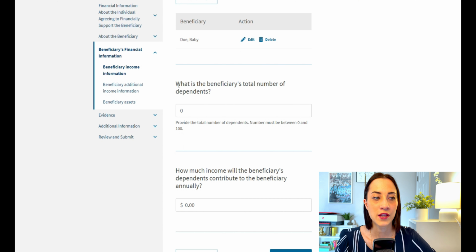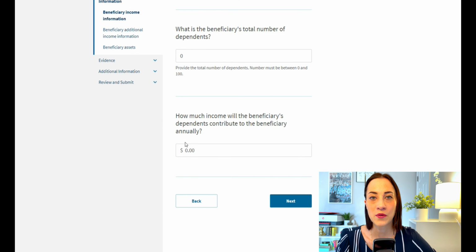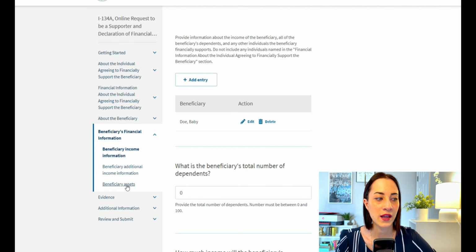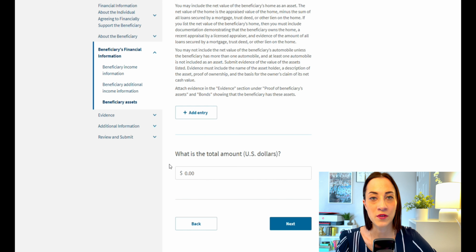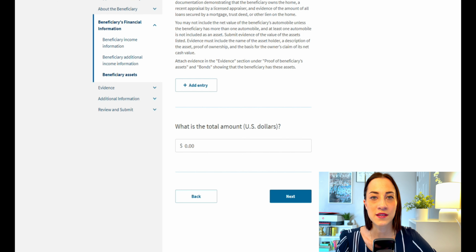So here you will just have to indicate the total number of dependents being 0, and how much the beneficiary's dependents contribute will probably be 0 as well. And assets, here you won't be providing any of the information because if it is a minor child, most likely they will not have any income at all.